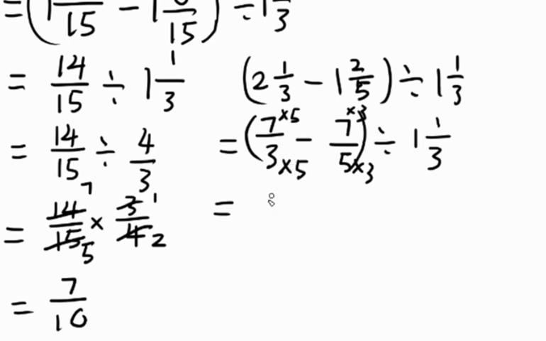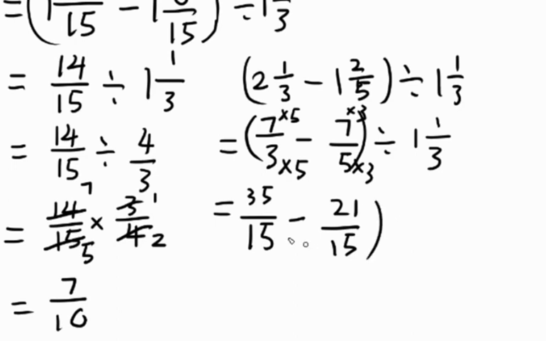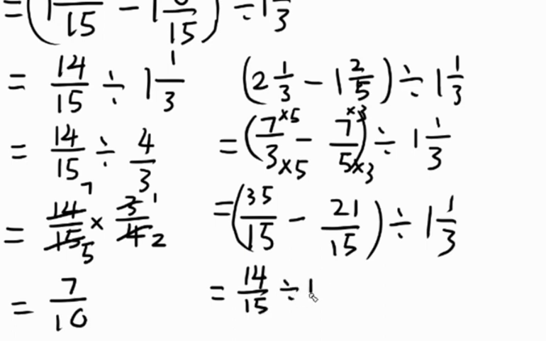So this would equal 35 over 15 minus 21 over 15, bracket, divided by 1 and 1 over 3. So now we can subtract the fractions, so this would equal 14 over 15 divided by 1 and 1 over 3.